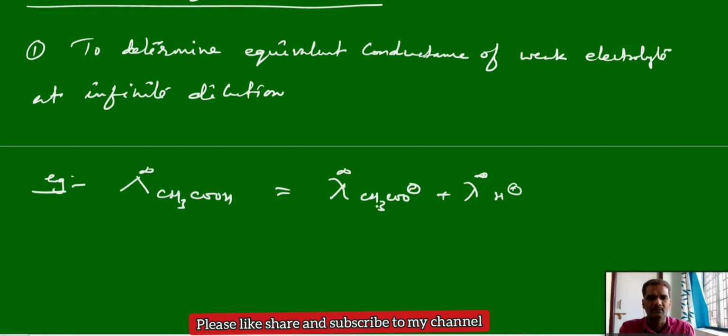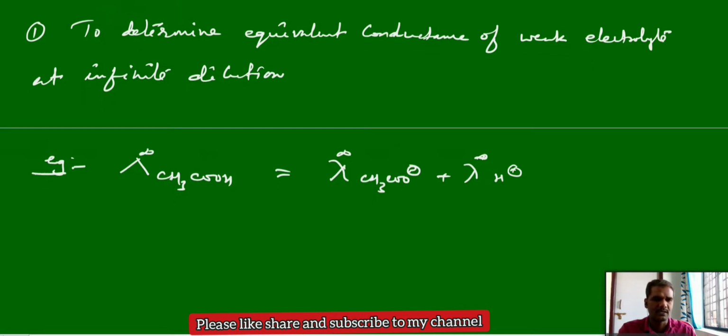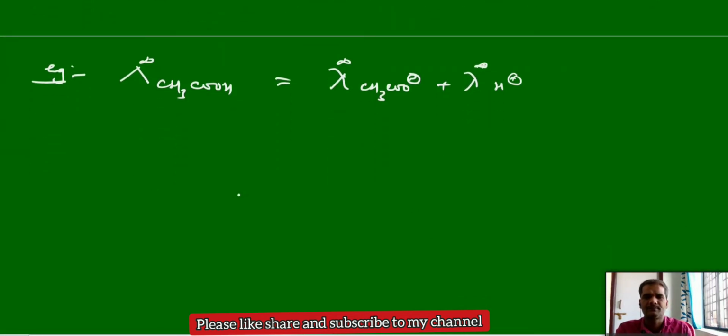If you know the ionic mobility of acetate and H plus, we can calculate. But experimentally, it is not possible to calculate the molar conductance or equivalent conductance of acetic acid at infinite dilution by using that graphical representation. So we can attempt an indirect method.